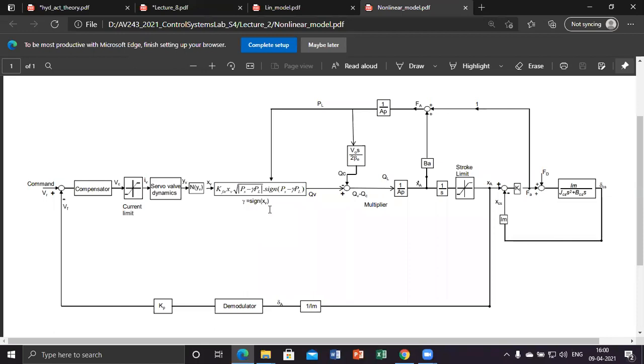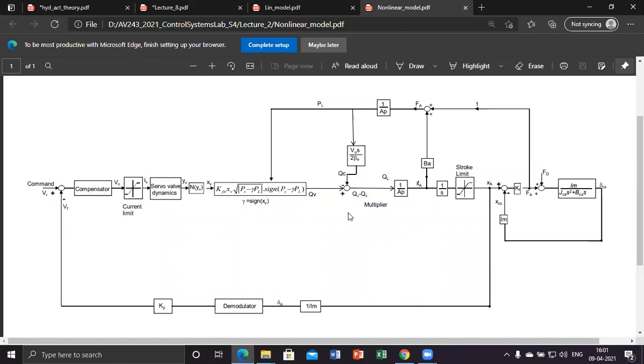The only thing you have to see is that you are getting all the variables as input. Here PL is one variable, XV is another variable. XV is coming from here and PL is the feedback. And the output is QV, servo valve. From QV, we subtract the compressibility flow to get the load flow, because we already wrote the equation QV is equal to QL plus V naught by 2 beta E into PL dot.